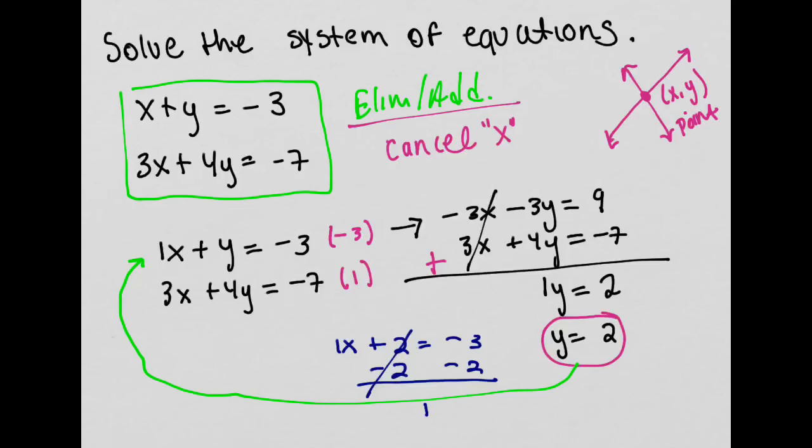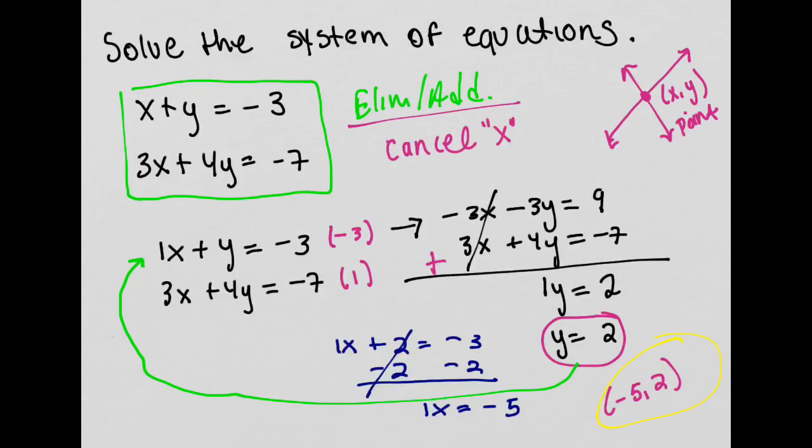Now I'm left with 1x equals -5. This tells me that the point of intersection for this system is -5, 2, which is an x and a y. So the point of intersection, my final answer for this, is -5, 2.